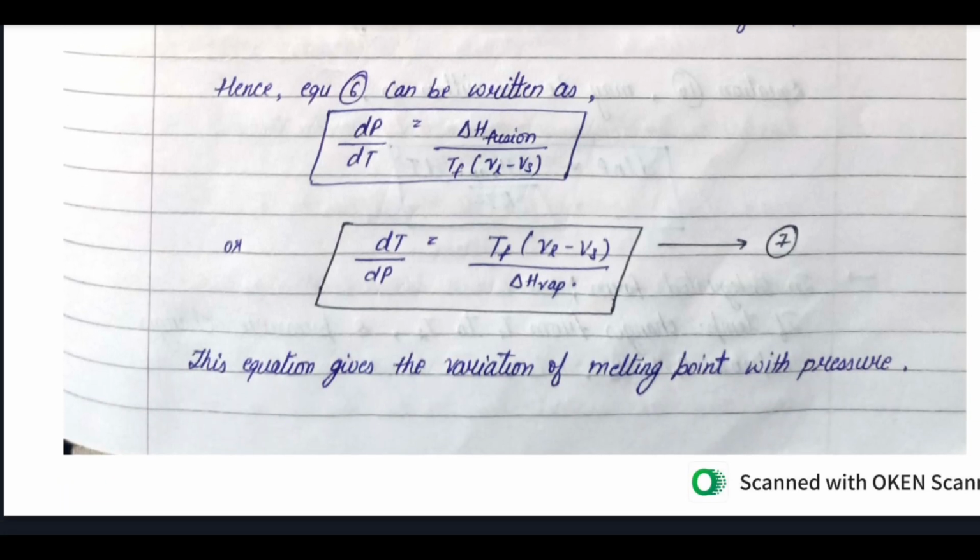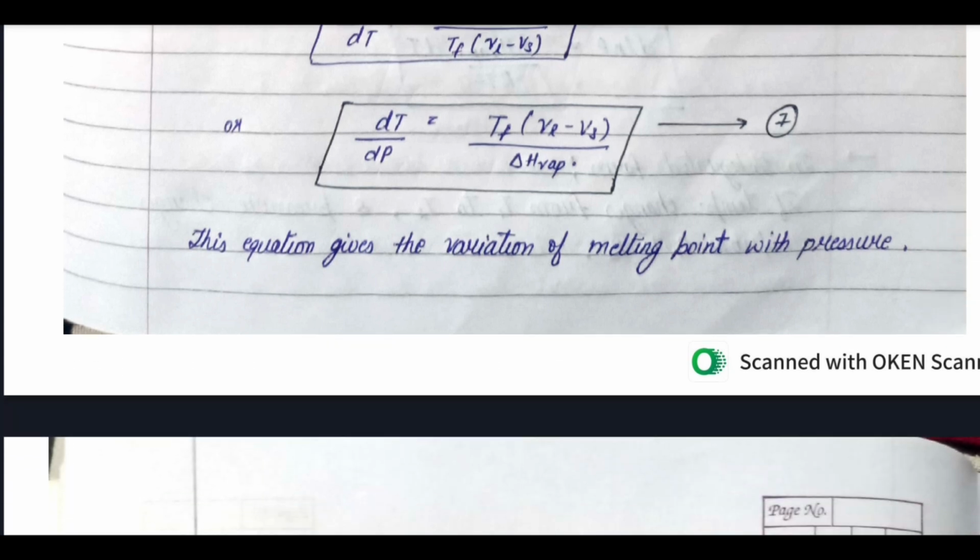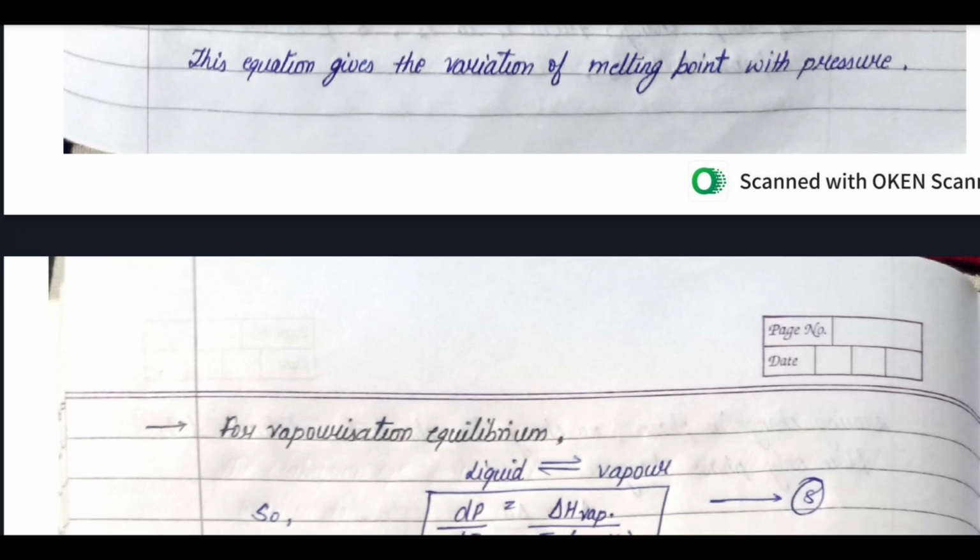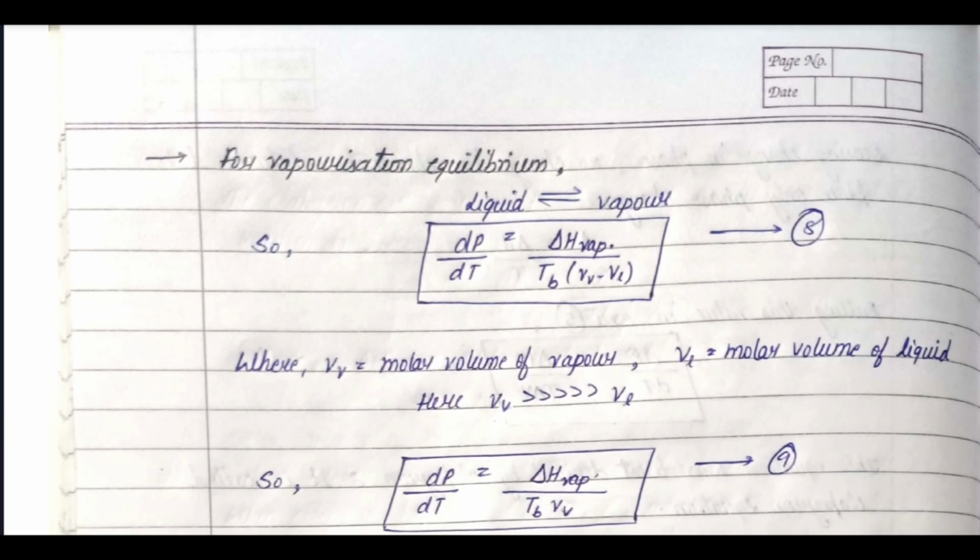So equation 6 can be written as dP by dT is equal to delta H fusion by Tf into (V liquid minus V solid). Hence dT by dP equal to Tf into (V liquid minus V solid) by delta H fusion, equation 7. This equation gives the variation of melting point with pressure.